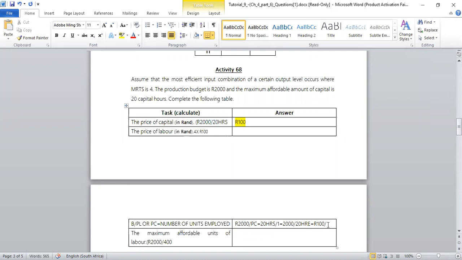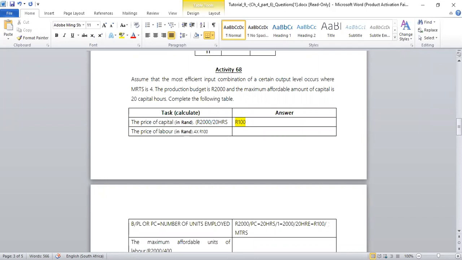So guys, MTRS is equal to the price of labor divided by the price of capital. In this case, I have my MTRS as 4, which was derived by taking the price of labor divided by the price of capital. What is the price of capital? I've already covered that. Price of capital is 100 rand.